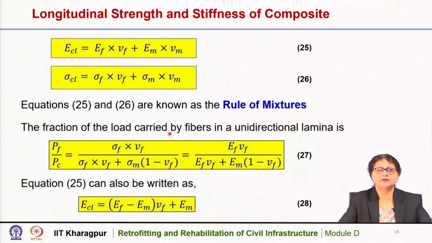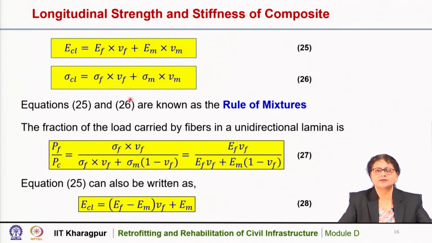So, ECL can be written as EF into VF plus EM into VM, that is the elastic modulus of the fiber into the volume fraction of the fiber plus the elastic modulus of the matrix into the volume fraction of the matrix. Similarly, we have derived that sigma CL, the stress in the composite, is equal to the stress in the fiber, sigma F, into the volume fraction plus the stress in the matrix into the volume fraction.